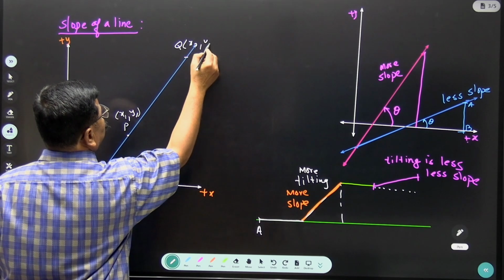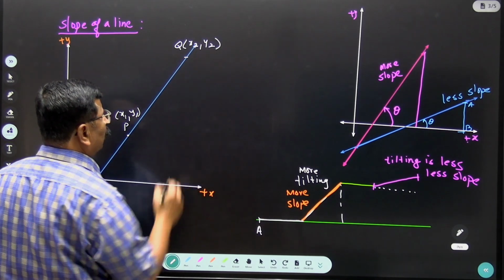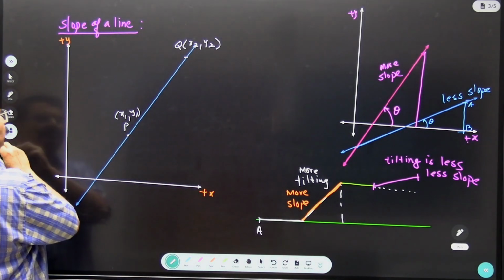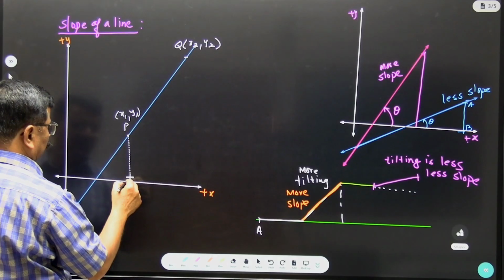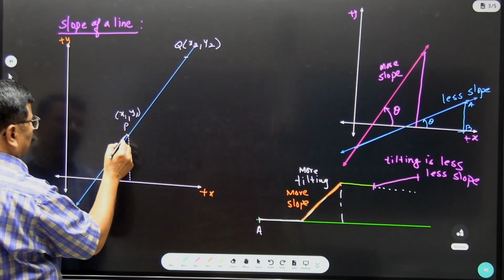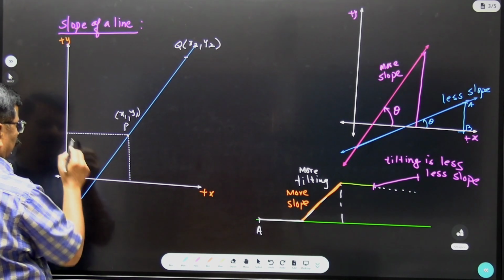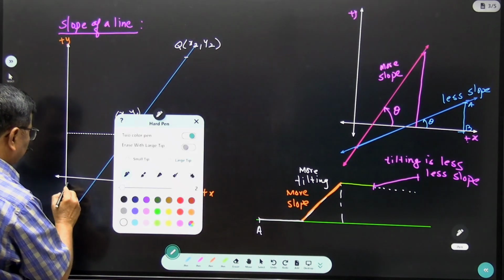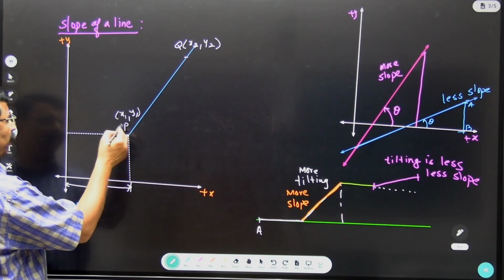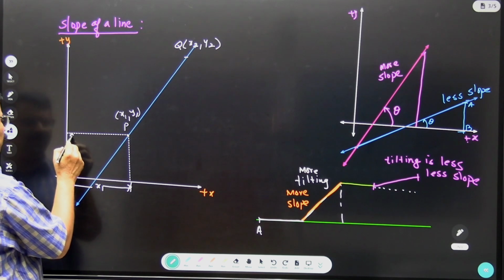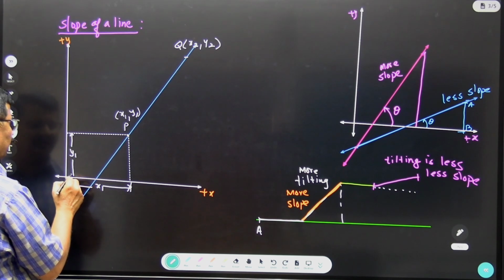The coordinates of this point are x2, y2. Then let us note down x1 and y1. As we know, this is x1, the x coordinate of point P, and this will be y1.